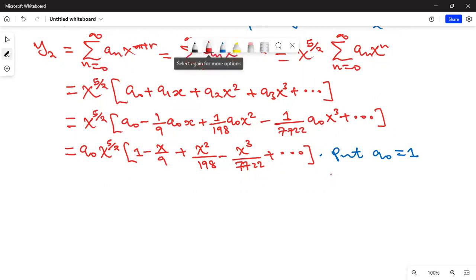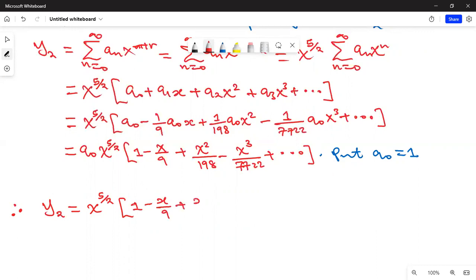So when we substitute 1, we are going to say that therefore y2 is equals to x raised to 5 over 2 into 1 minus x over 9 plus x squared over 198 minus x cubed over 7722 plus so many other terms.